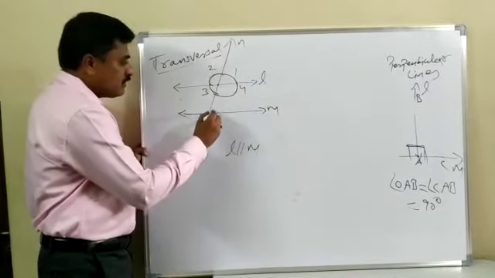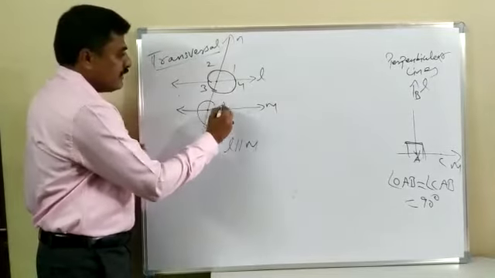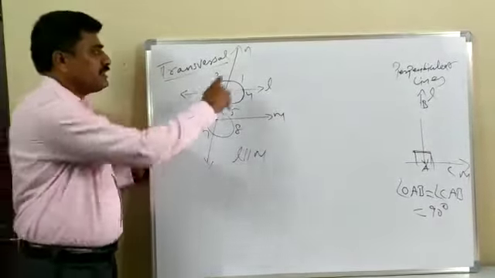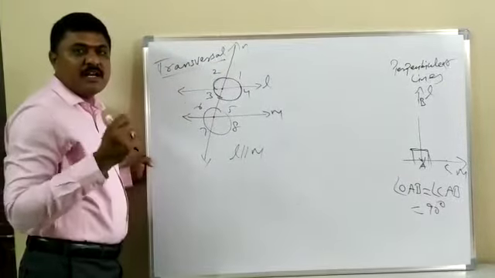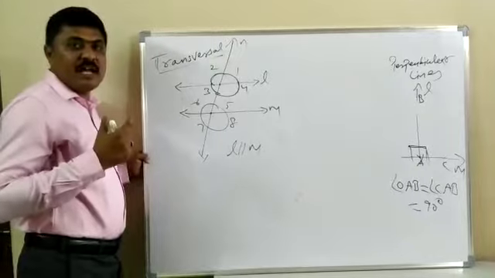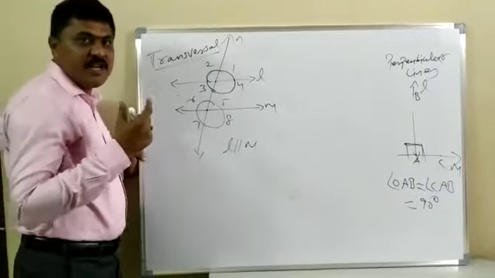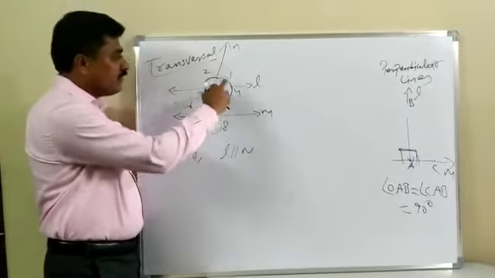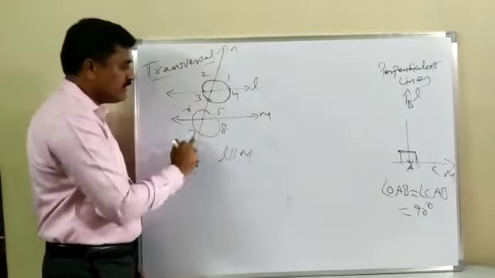Again, here also we have 4 angles: 5, 6, 7, 8. When a transversal intersects the parallel lines, a total of 8 angles are formed. We have these angles 1, 2, 3, 4, 5, 6, 7, 8.